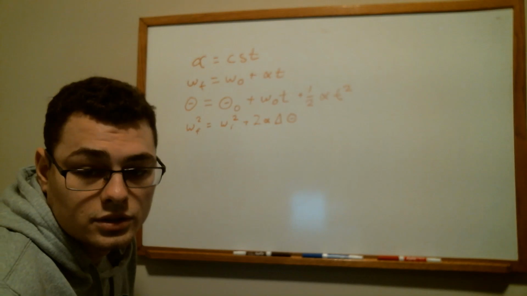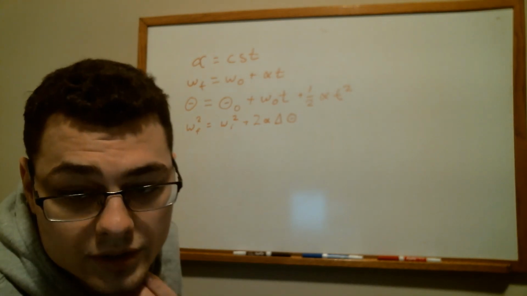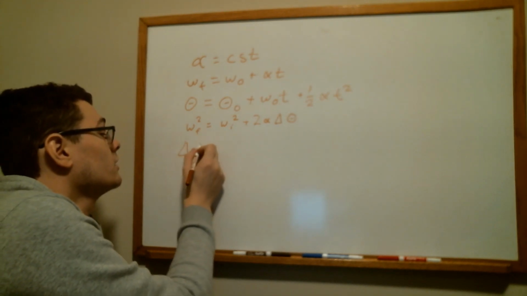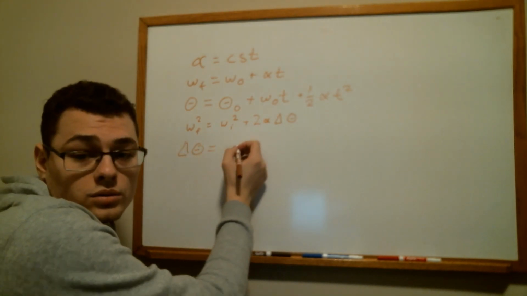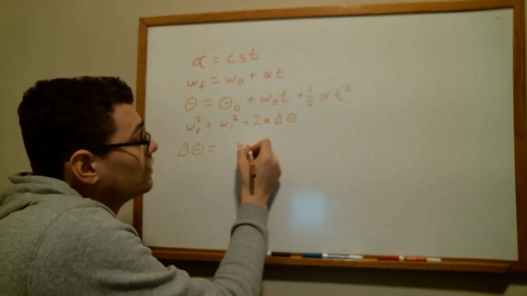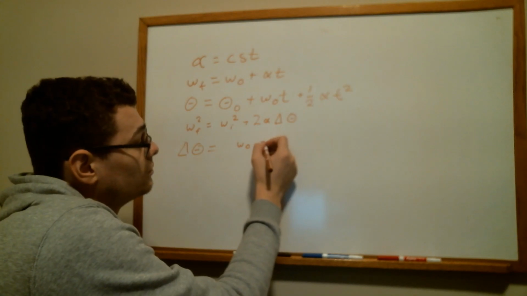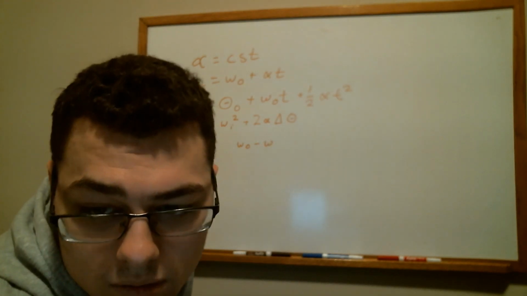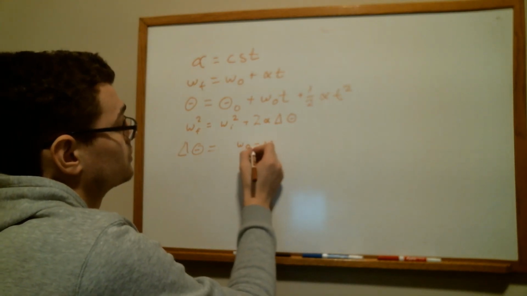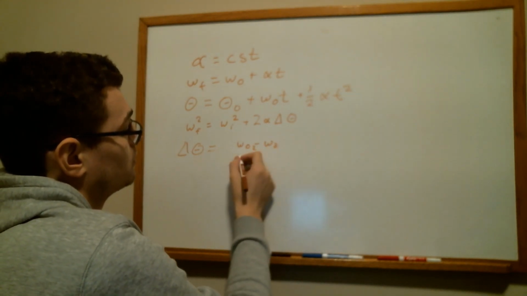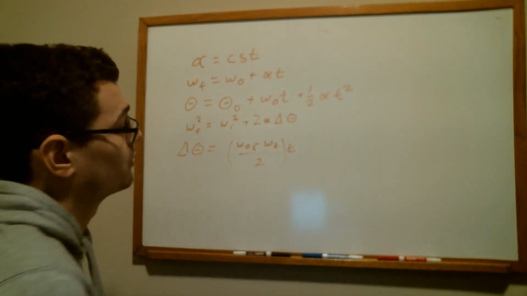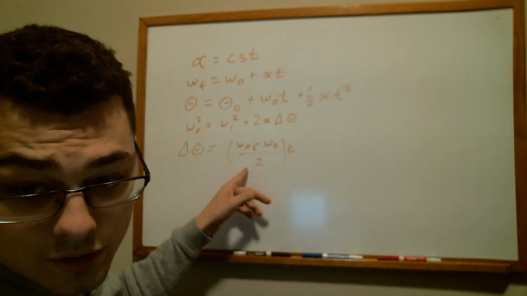And last but not least, we have that delta theta is going to be equal to omega naught plus omega f, all over 2, times t, where this here should be our average of our two.